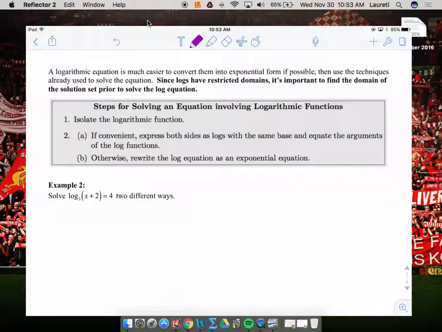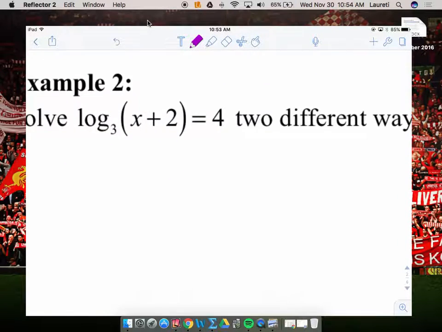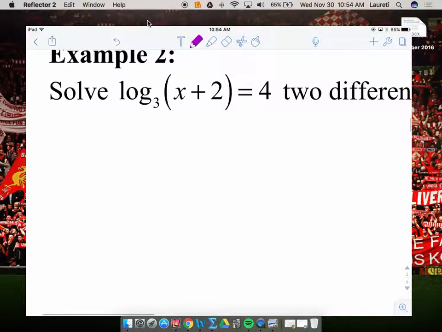Okay. So if I have log base 3 of x plus 2 is equal to 4, what's one way that I could solve it? Eamon? Right. So write it as an exponential.